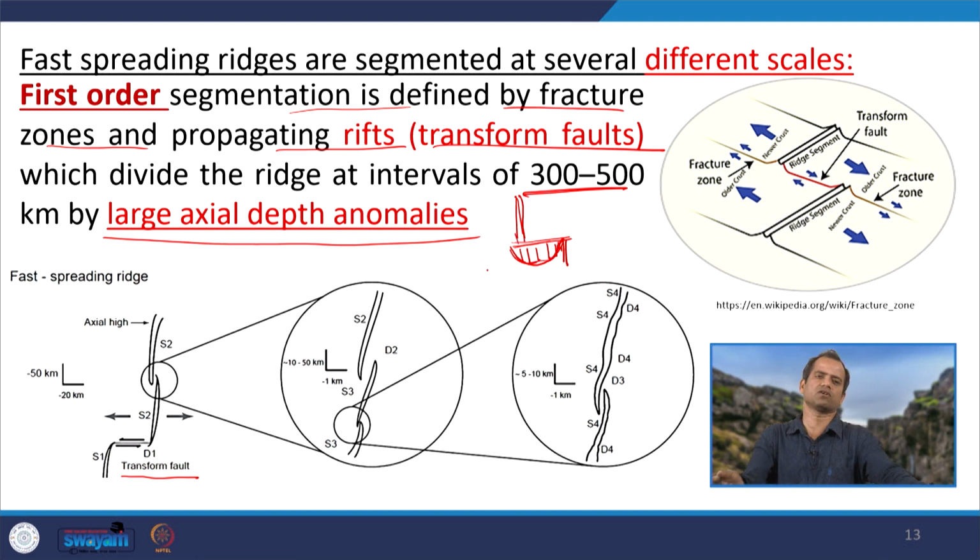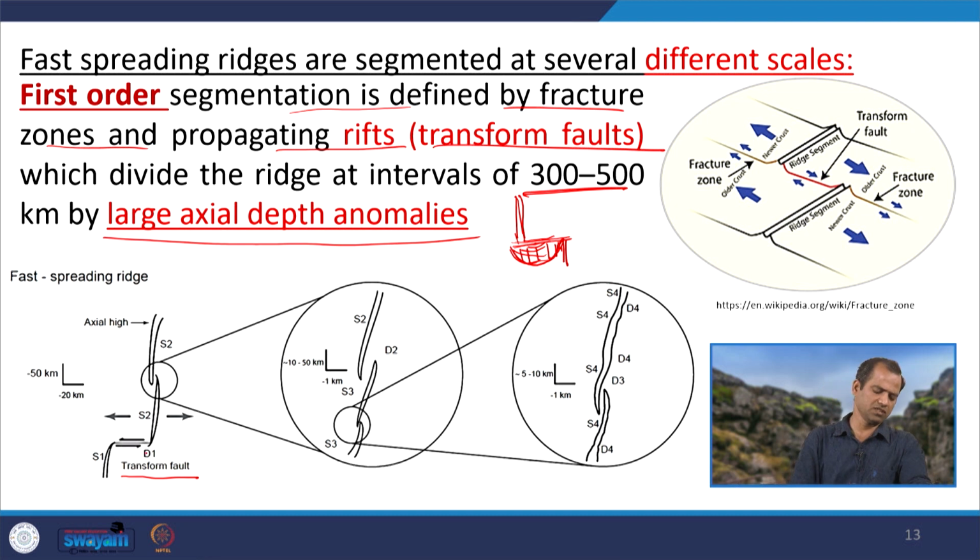However, with subsequent orders of discontinuities, gradually the depth anomaly decreases, and finally at the fourth order only superficial conditions remain. So, once the order increases, that means the length decreases as well as the third dimension, that is the depth anomalies also decrease.